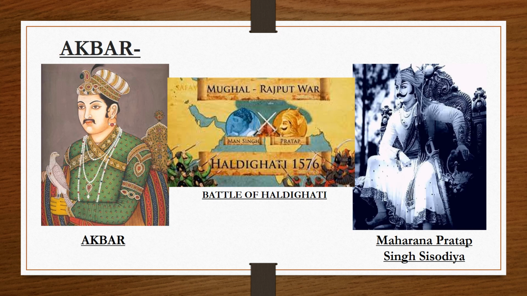Though Maharana Pratap was defeated in the battle, he did not bow down to Akbar. Thereafter, Akbar engaged himself actively in military campaigns for many years. As a result, he conquered Gujarat, Bengal, Kashmir, Kabul, and other areas and built a vast empire.